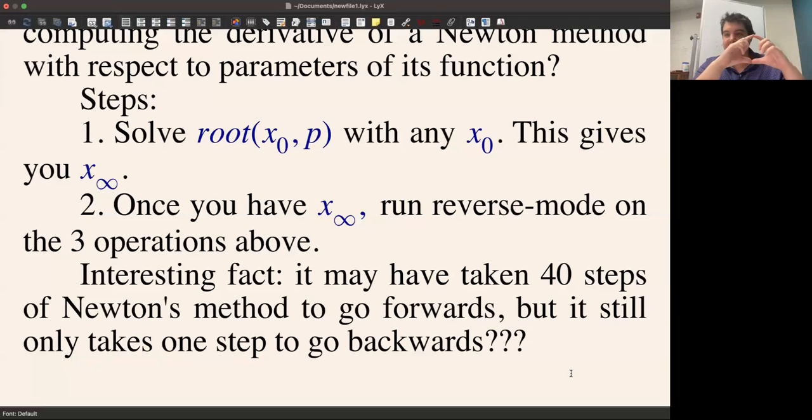So the way to describe it is there's a basin of attraction around the root. So there's an open set around the root. If you're there, it converges. So for anything in that basin of attraction, it converges. And because it converges for everything in that basin of attraction, if you take any x0 from the basin of attraction, you get the same output from Newton's method.